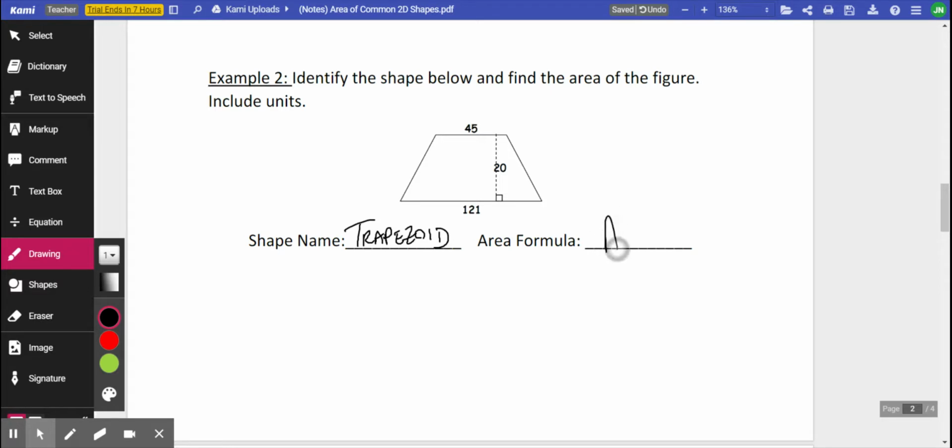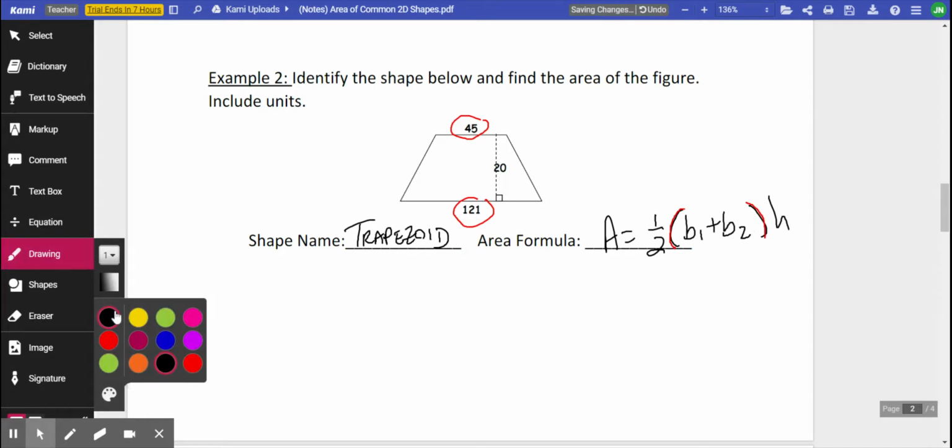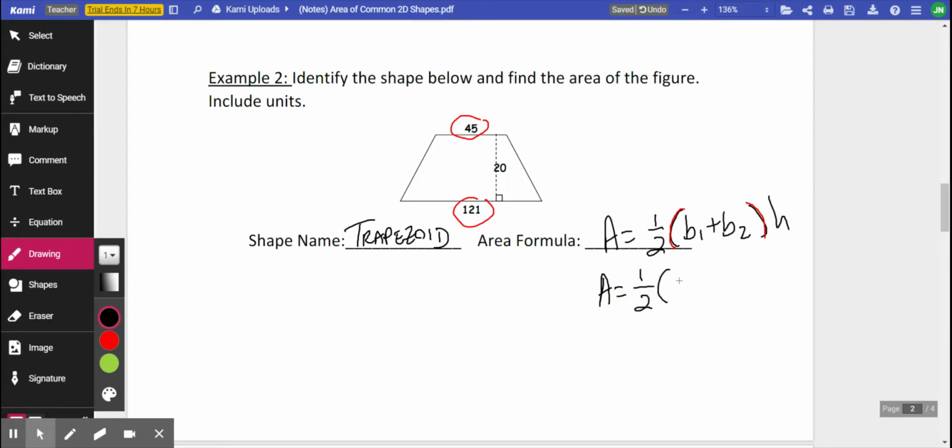The area formula is area equals 1/2 the bases times the height. There are two bases, base 1 and base 2, which is basically the section that goes inside of the parentheses here. That's essentially it. It's kind of like the same as a triangle. So you take the two bases, add them up, divide by 2, and then multiply by the height.